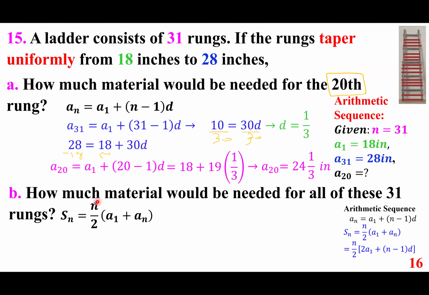Well, replace the n with 31. See, that's why we write the given here. n with 31, a sub 1 with 18, a sub n with 28. 18 and 28, 46.